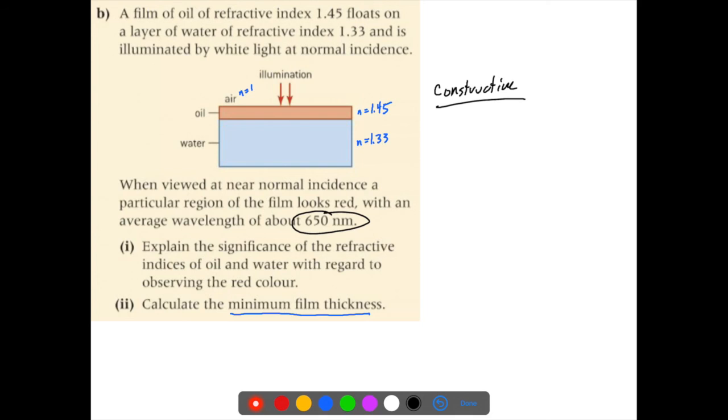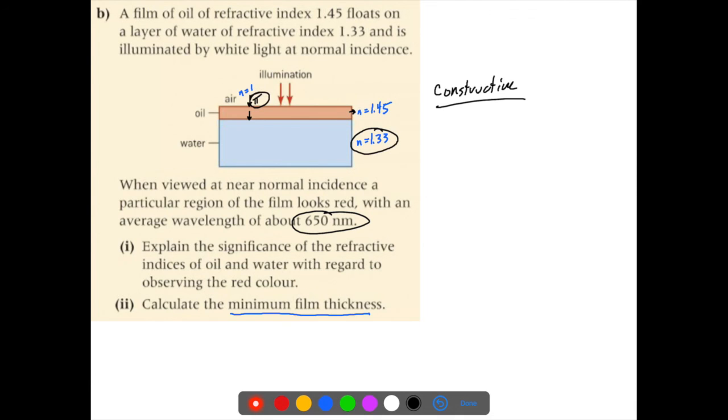All right. So as we look at it, which equation are we going to use? Well, in order to determine that, we need to look at the phase changes. When I go from 1 to 1.45, it's a higher index of refraction, so there we have a phase change of pi. When it goes through and gets to the water, from the oil to the water, recognize that 1.45 to 1.33 is lower, and so there will be no phase change there.